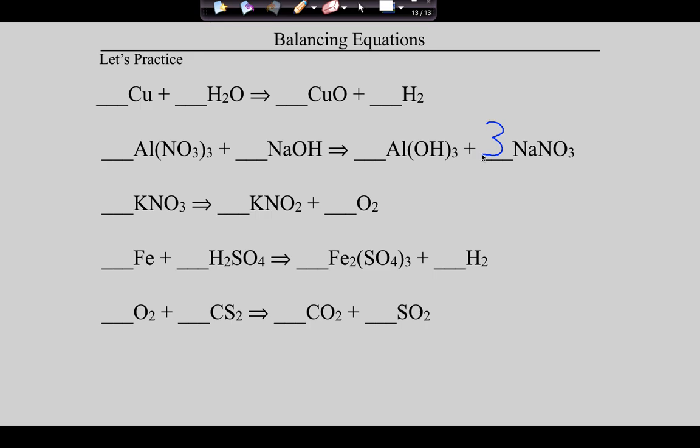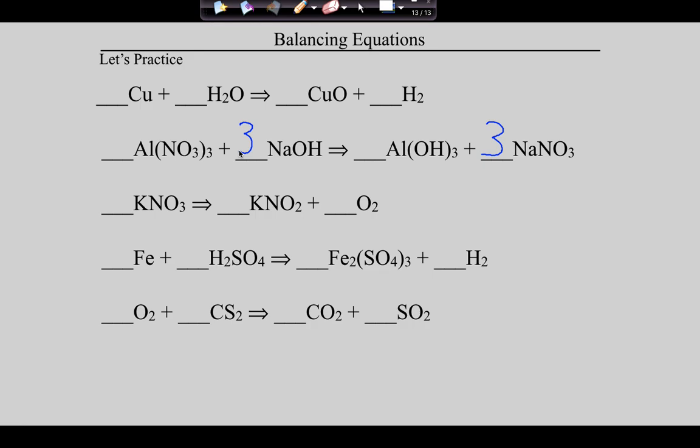So now let's keep going. How many Nas do we have on the left? 1. How many Nas do we have on the right now? 3. Because this 3 doesn't just apply to the NO3, it also applies to the Na. So now we have 3 Nas here, which means we need a 3 there in order to have 3 Nas on both sides.